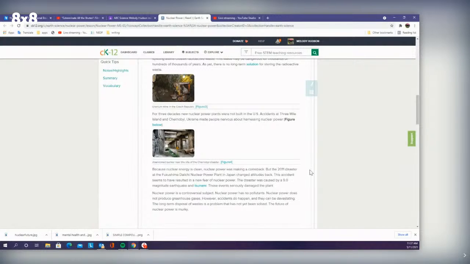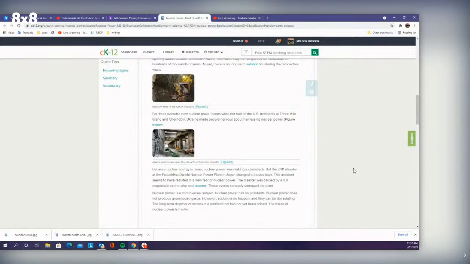But the 2011 disaster at the Fukushima Daiichi nuclear power plant in Japan changed attitudes back, and that accident seems to have resulted in a new fear of nuclear power.